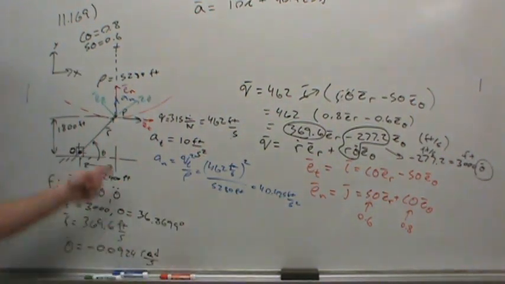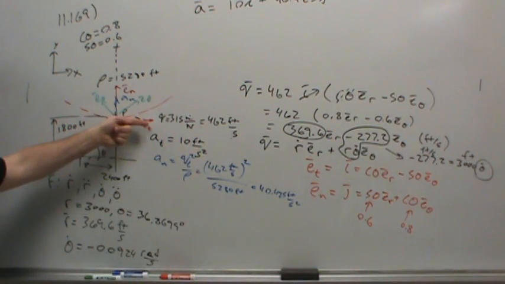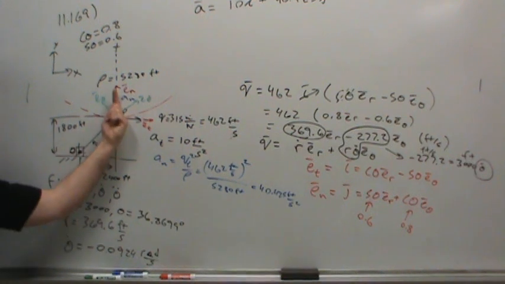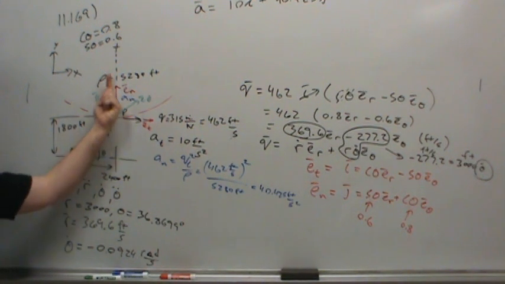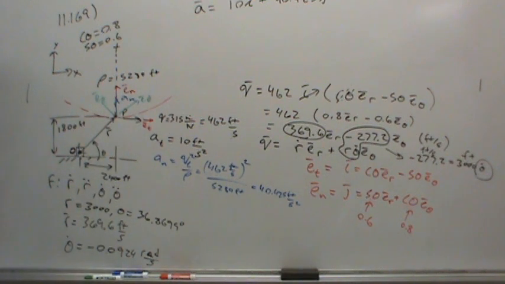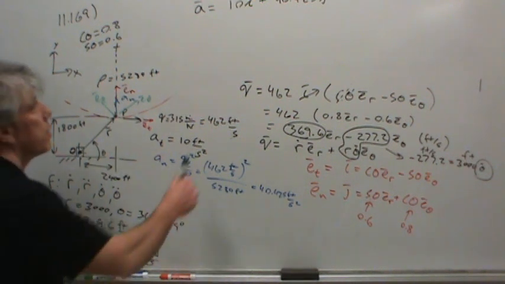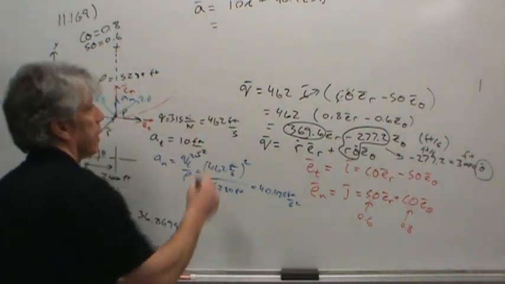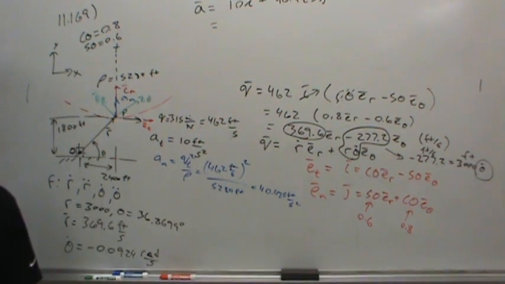They point in the same direction. The tangential and I direction are both this way unit vectors. Normal and J direction are both up that way. Okay, so take your pick, it doesn't really matter.